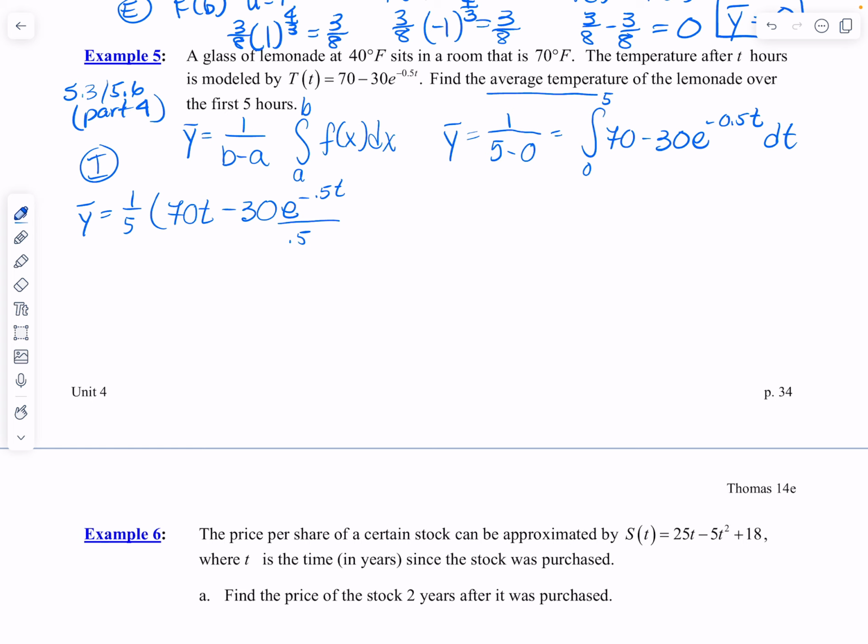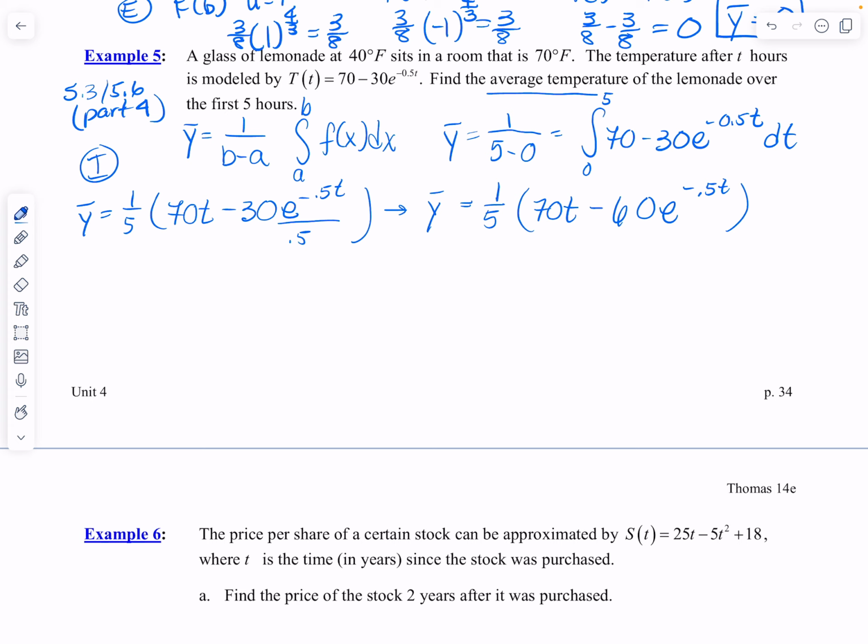All right, so this is what this looks like. Again, I'm just going to make this look a little bit simpler. 1/5 times 70t. And if I divide by a half, because 0.5 is half, and I multiply that by 30, I get 60e to the negative 0.5t.